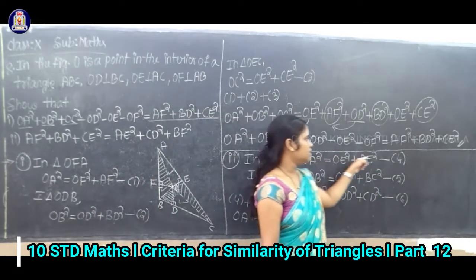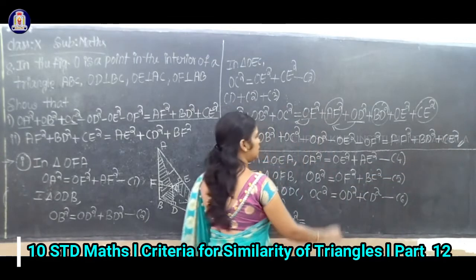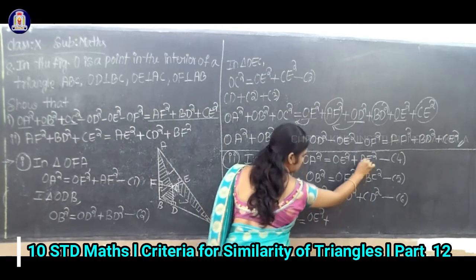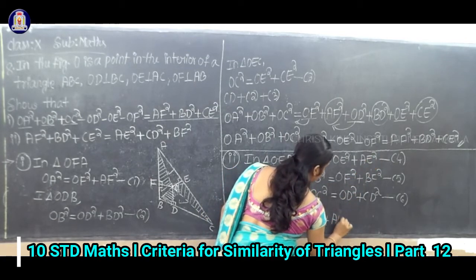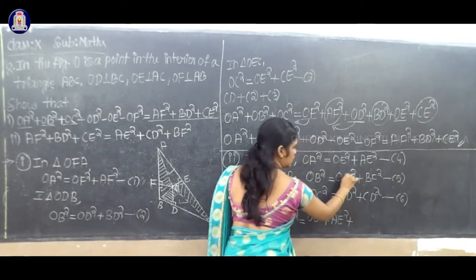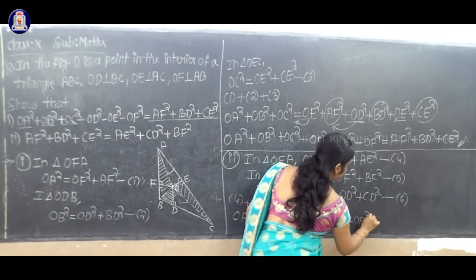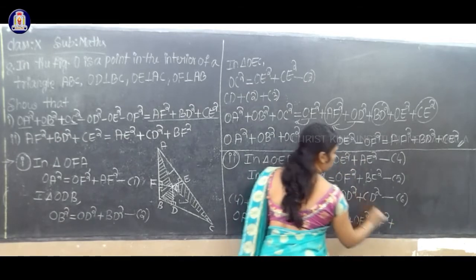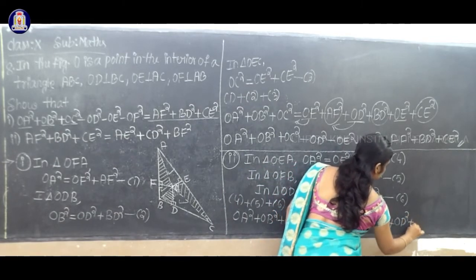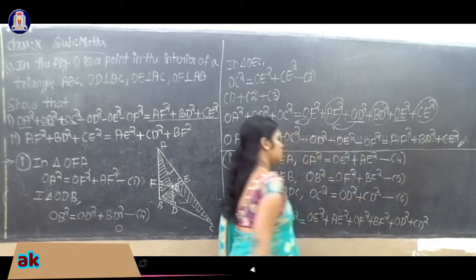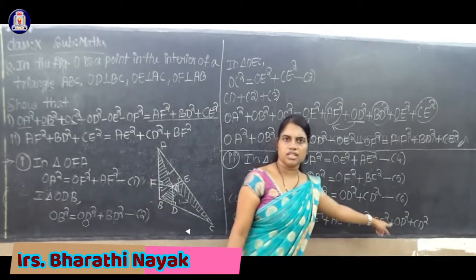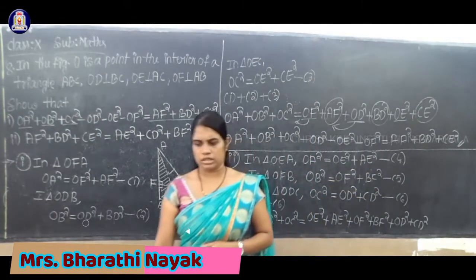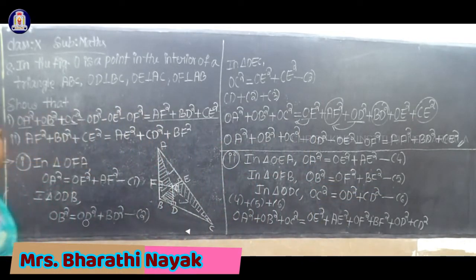What is the right hand side of equation number 4? That is OE square plus AE square plus OF square plus BF square plus OD square plus CD square. So these are the right hand side terms of equation 4, equation 5 and equation number 6.